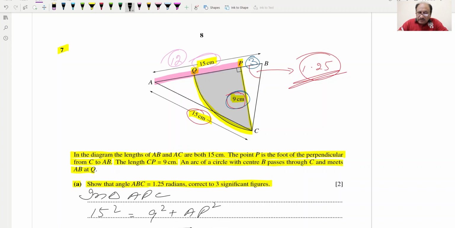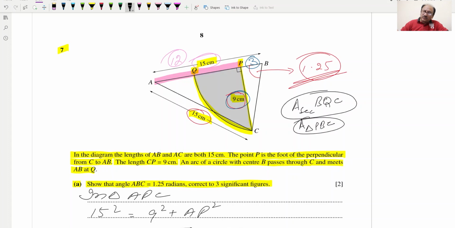Number one, we will find the area of the sector BQC. Then we will find the area of the triangle PBC. After finding this, we will subtract the area of the triangle from the area of the sector and we will get the shaded area.